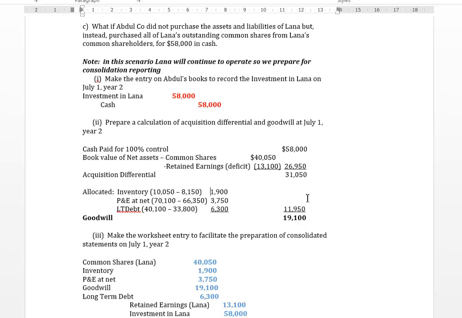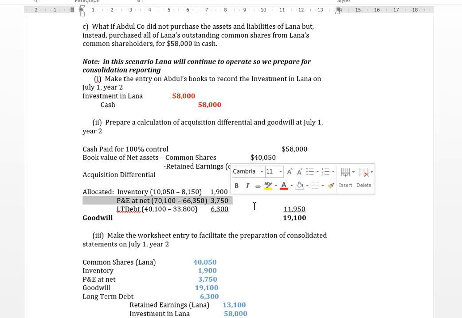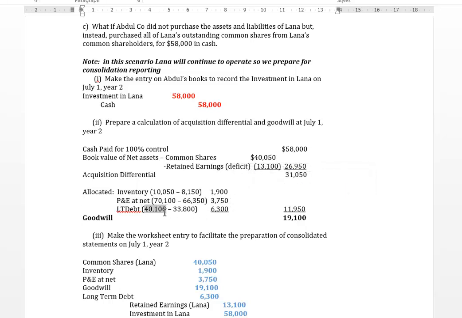That's a $1,900 increment. Property, plant, and equipment. Well, Lana's got it booked at $66,350, but Abdul thinks it's worth $70,100, which represents a $3,750 increment. And the long-term debt. Lana's got it booked at $40,100, but Abdul thinks the debt's worth less. So that's a good thing for Abdul because they say this debt is not as high as you have it booked at.